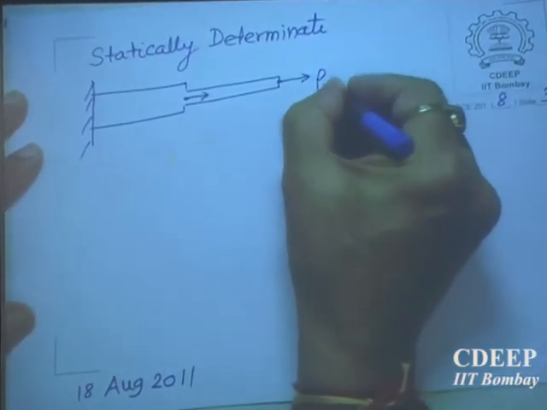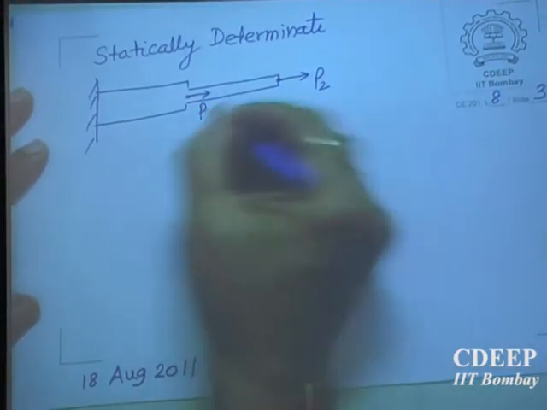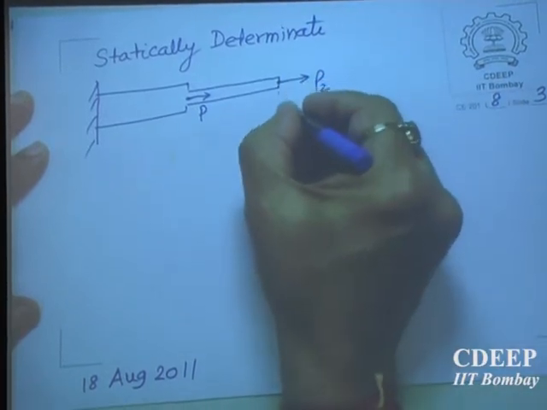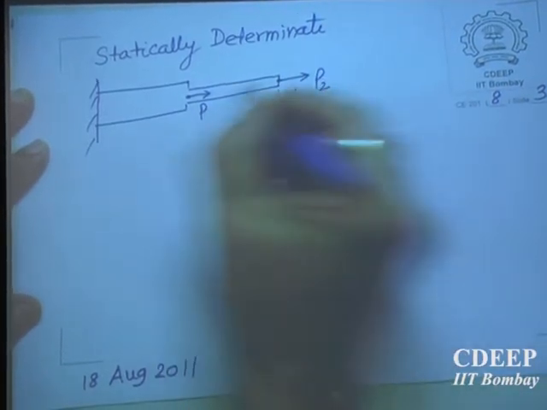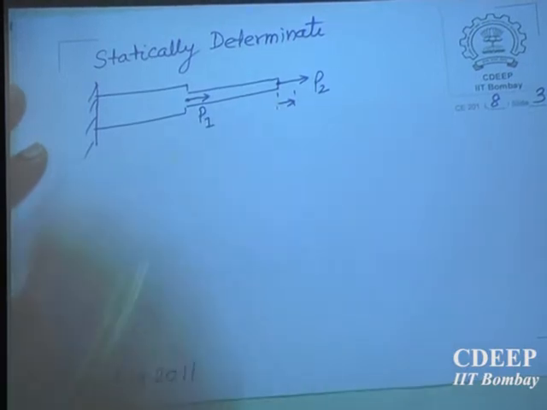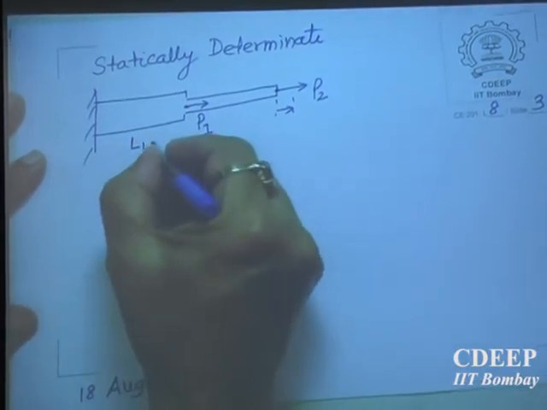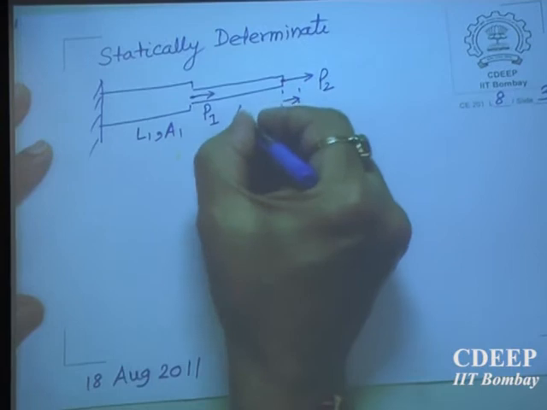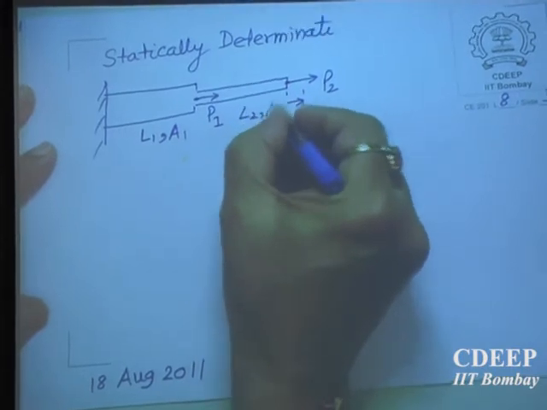So this is P2, this is P1. Please find out how much displacement this undergoes. This was L1, this was A1, this is L2, and this is A2.